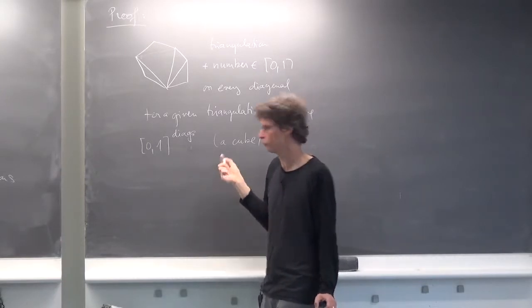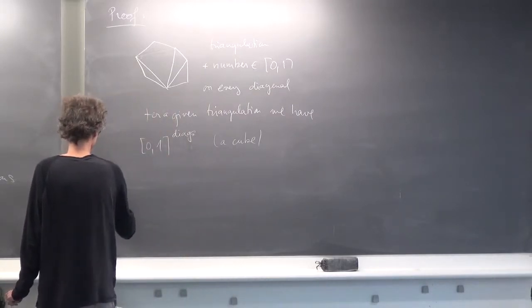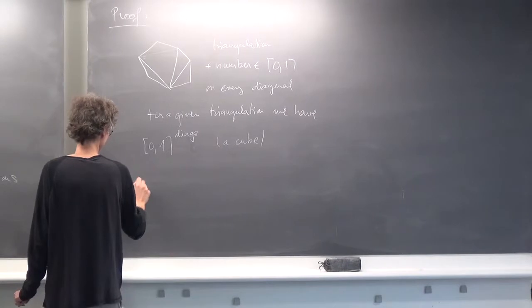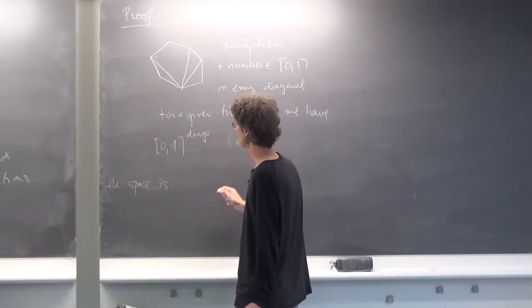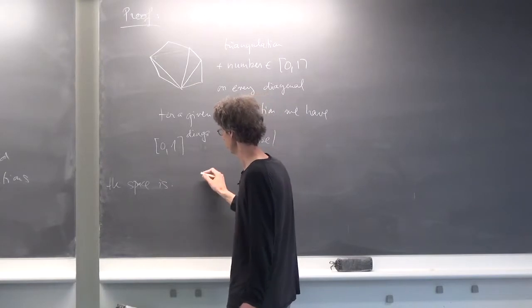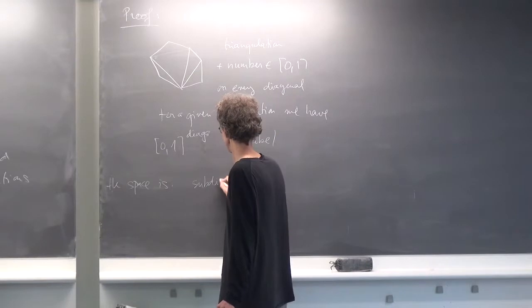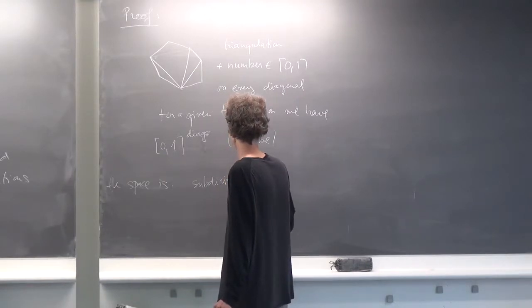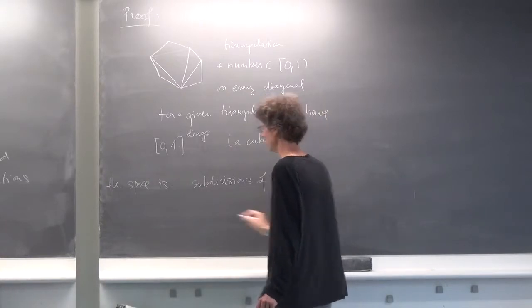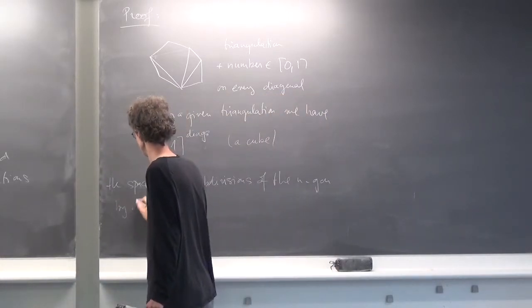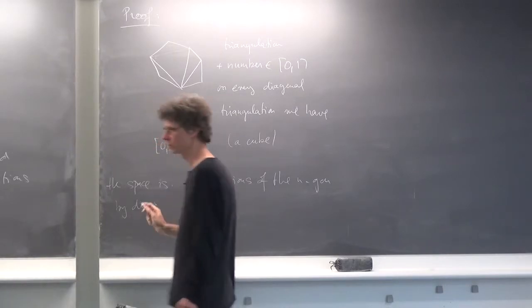That means that the full space is that you take all subdivisions of the n-gon by diagonals, and not necessarily triangulations.